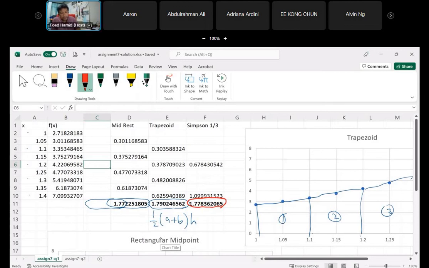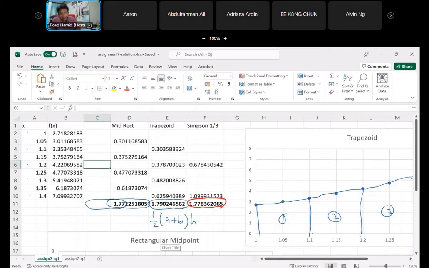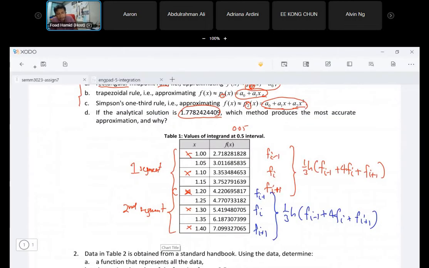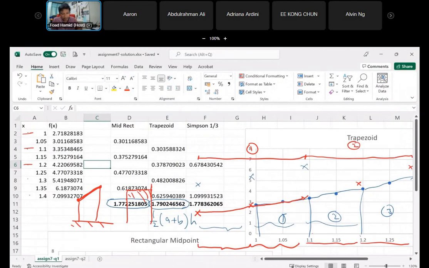All right, so this is what I got. And it says that if the analytical solution is 1.77824, what is the most accurate one? 177 to 179.